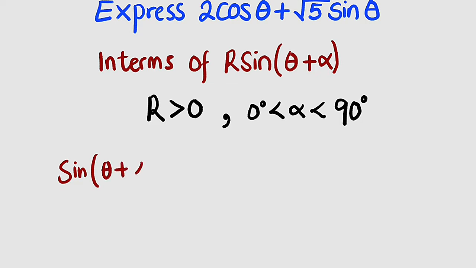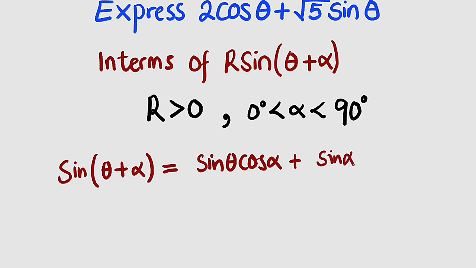So what I want you to remember is when you have a sine of a double angle, theta plus alpha, this can be expanded as what? Sine of the first angle, that is theta, multiplied by cosine of the second angle, cosine alpha. Then you add sine of the second angle, sine alpha, multiplied by cosine of the first angle, cosine theta.